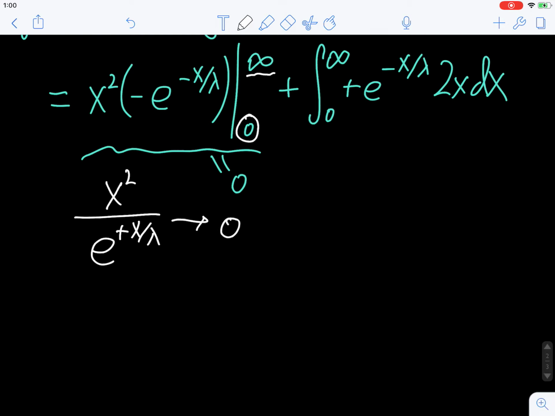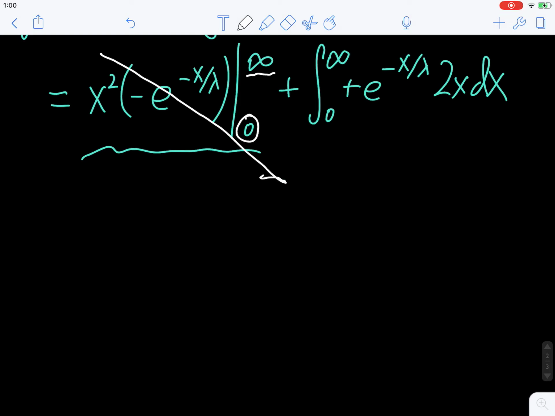We can use L'Hopital's rule, but let's just take it as a given because it's similar to having x over e to the x over lambda. So by the same reasoning above, the whole thing on the left is equal to 0. All we need to care about is this thing.